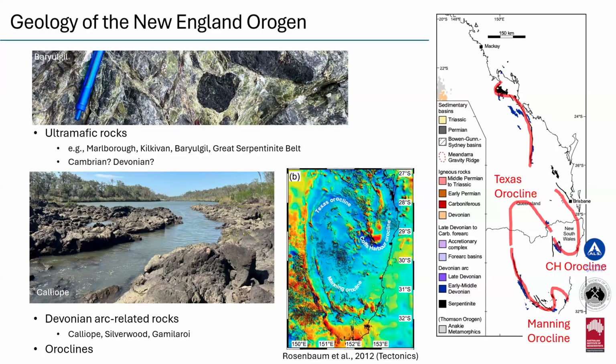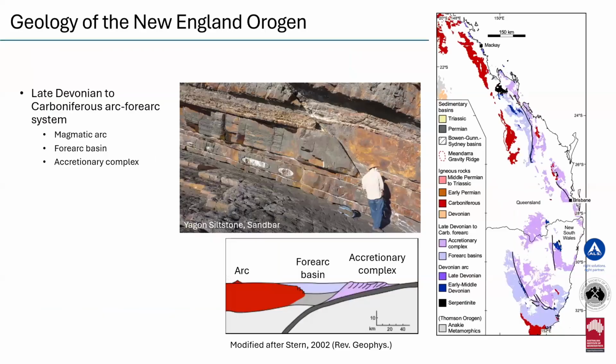So these are the New England oroclines. You can see we could imagine them just by doing the continuation of the ultramafic rocks, but we can see them very clearly if we look at the aeromagnetic image, for example, for Southeast Queensland and New South Wales. So these are the oroclines. We will see them again in the reconstructions.